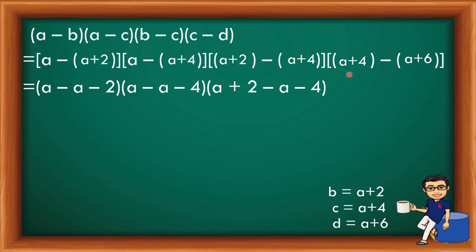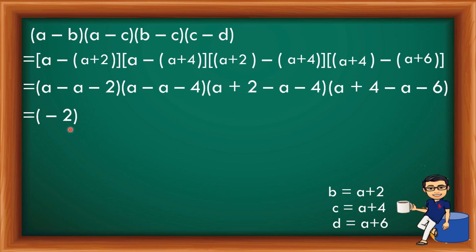On this part, we have this as a result: A plus 4 minus A minus 6. We copy this A and this plus 4. Negative distributed to A: negative times A is negative A. And negative times positive 6 is negative 6. Then afterwards, we are going to simplify this part. A minus A is 0.